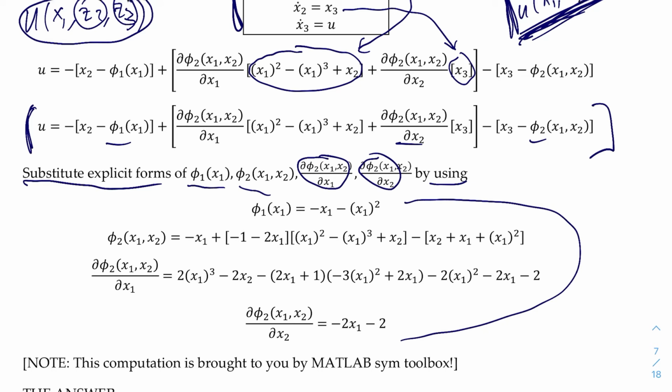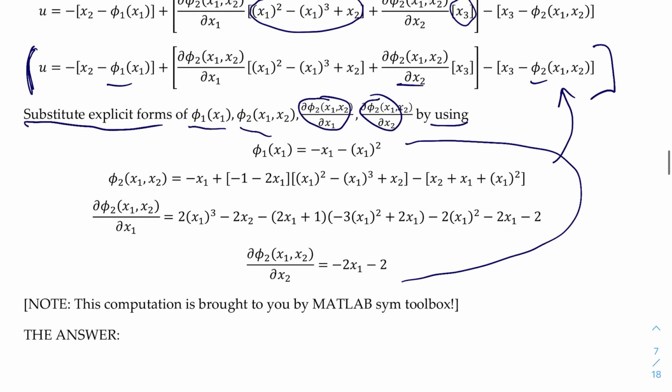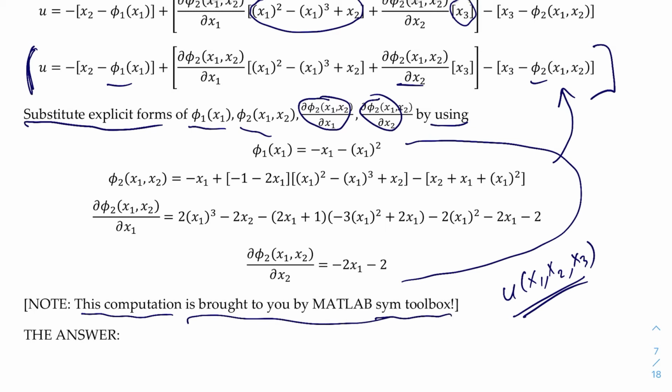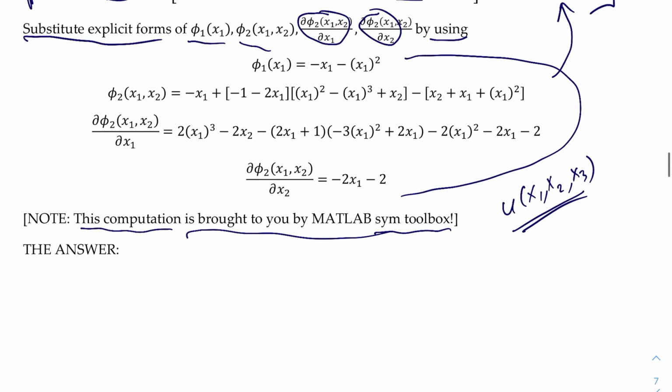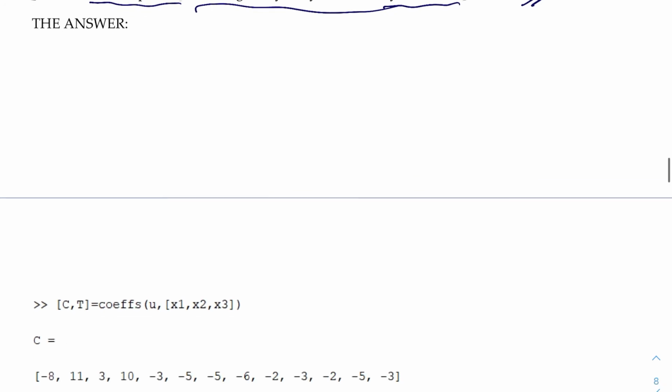By using what we have found previously, just substitute in that, and as a result we will have an incredibly long control law where u is a function of x1, x2, and x3. Note, this computation is brought to you by MATLAB Symbolic Toolbox. Of course, I'm not getting any money from MATLAB, so MATLAB, come on.